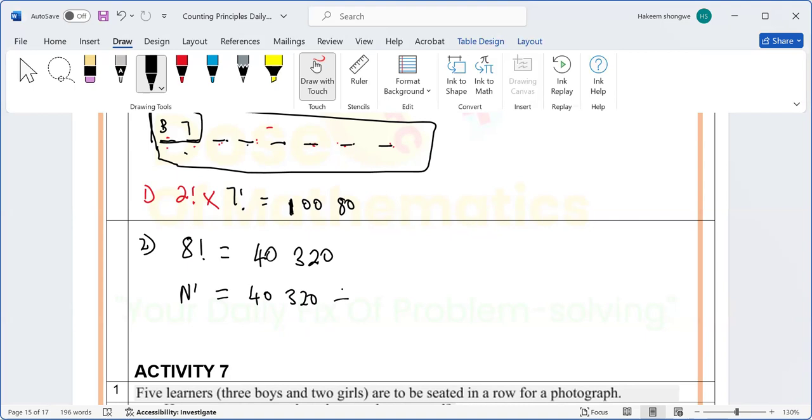So if you take out the number of ways in which they are together, you're going to be left with the number of ways whereby they are not together. Because remember, doing something and not doing something, they are complementing each other. So what are you going to be left with here? You're going to be left with 30240.